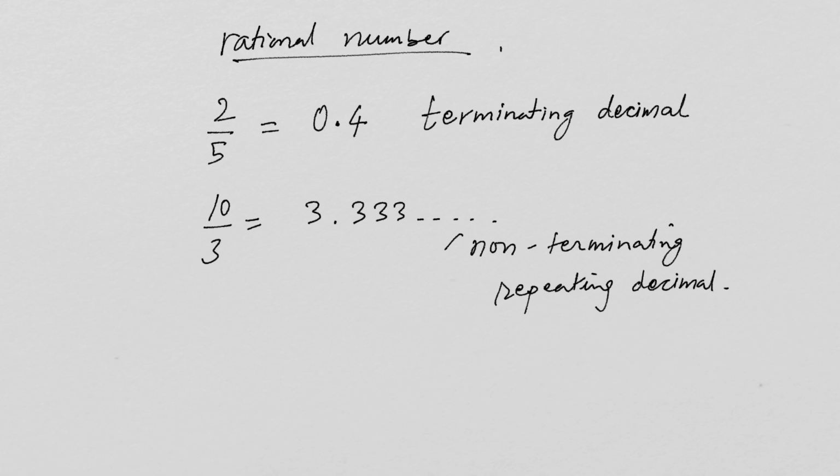Either the decimal will terminate, like 0.4, with nothing coming after that. So 2 by 5 can be written as 0.4. This is called terminating decimal form.